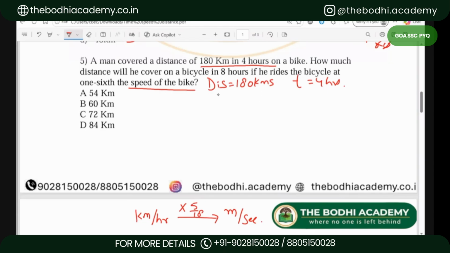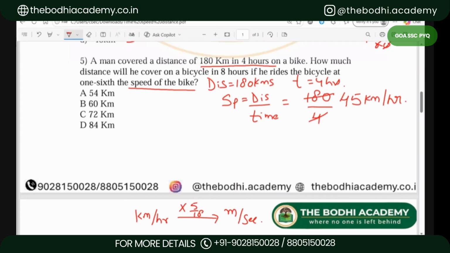Speed is equal to distance upon time. The distance is 180 kilometers, the time is 4 hours. Divide it. 4 fours are 16 and 4 fives are 20. So 45 kilometer per hour is the speed.